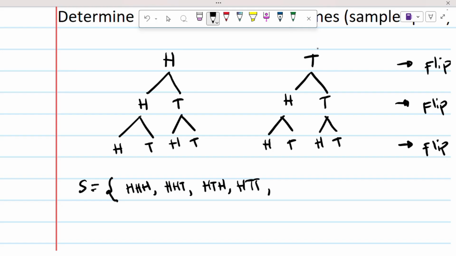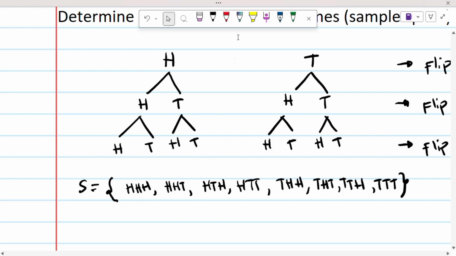Another: if our first flip is tail, our second flip is head, and our third flip is head, we have tail, head, head. And if we list all of the possible outcomes, we have tail, head, tail, tail, tail, head, and tail, tail, tail.